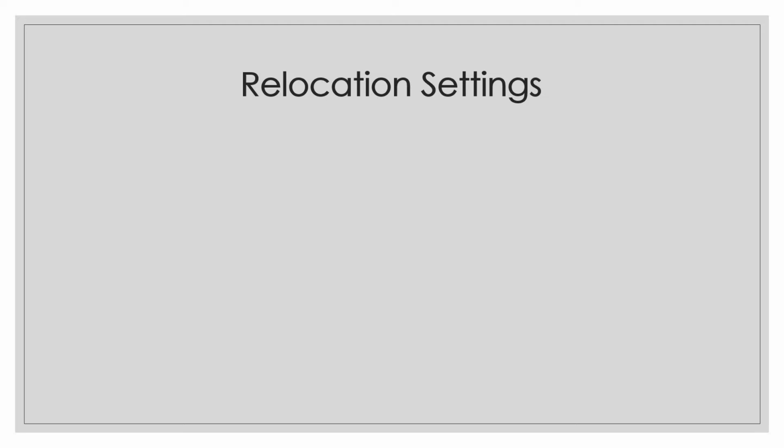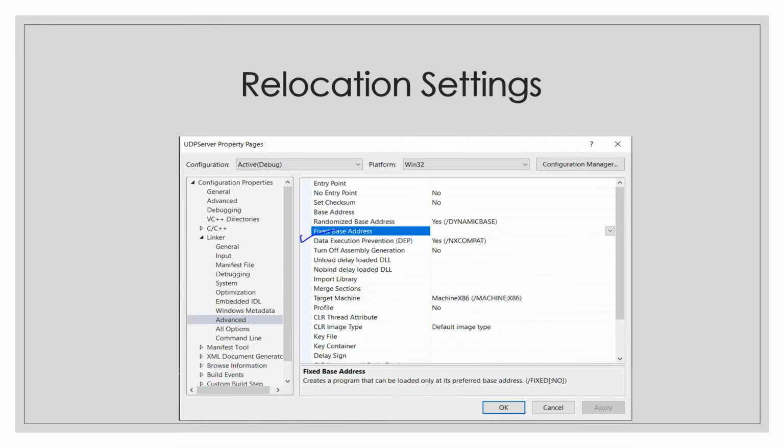First of all, in this video, we will see where we can see or set those relocation settings. To see those relocation settings, you need to go to the properties of your project. Under the properties, go to the linker section, and under the linker section, go to the advanced section.